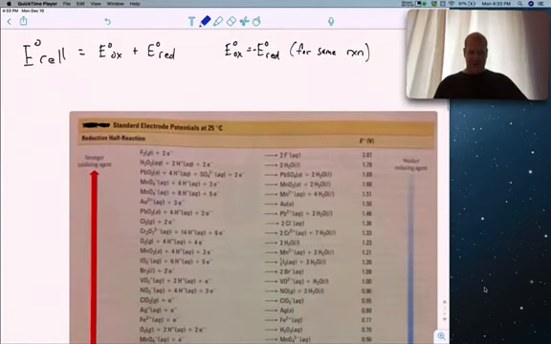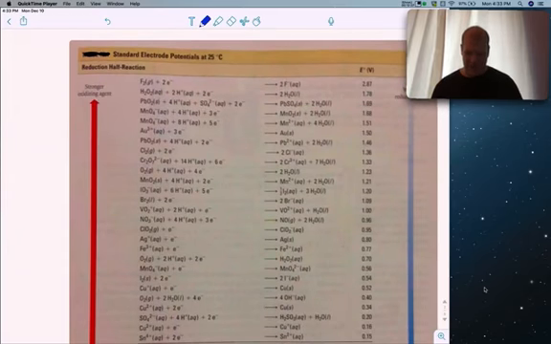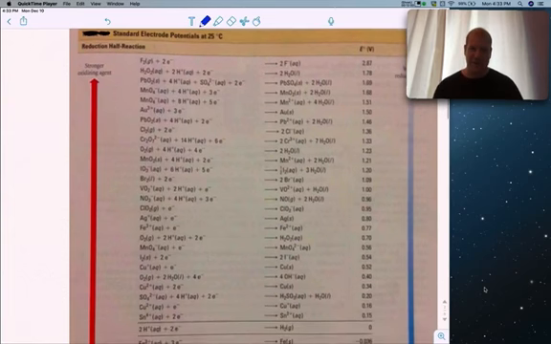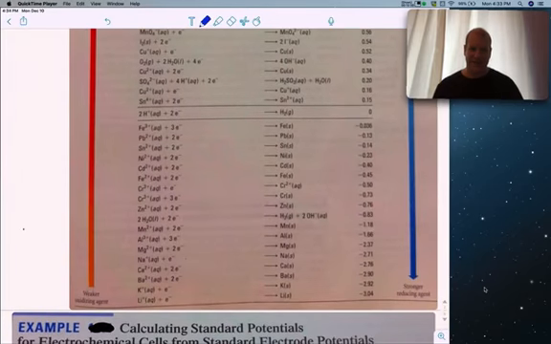So the E0, the standard potential for the cell, and this is going to be in volts, joules per coulomb, is the E0 of the oxidation plus the E0 of reduction. So the potential for the oxidation is minus the potential of reduction. What we have here is this chart, the standard electrode potentials at 25 degrees Celsius. You do not have to memorize this. This will be provided for you. You notice you have fluorine on the top, and you have the various things, and then you have lithium on the bottom, and they have numbers.